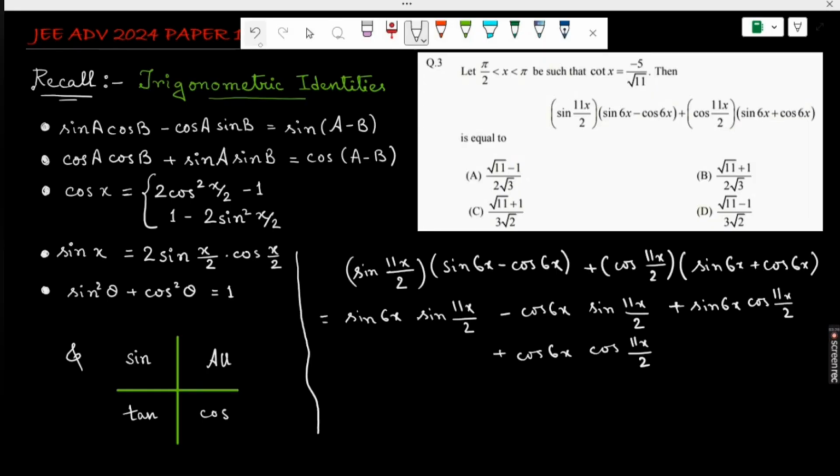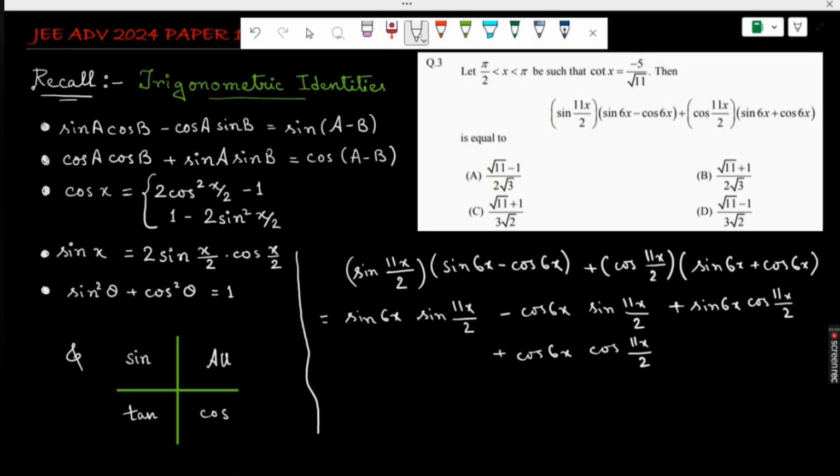Now just pair them to use these identities. Now observe that sine 6x, sine 11x by 2, that means sine A sine B, and cos 6x cos 11x by 2, that means cos A cos B. So we can pair them, and here sine 6x cos 11x by 2 and cos 6x sine 11x by 2, that means sine A cos B, cos A sine B. We can pair these two.